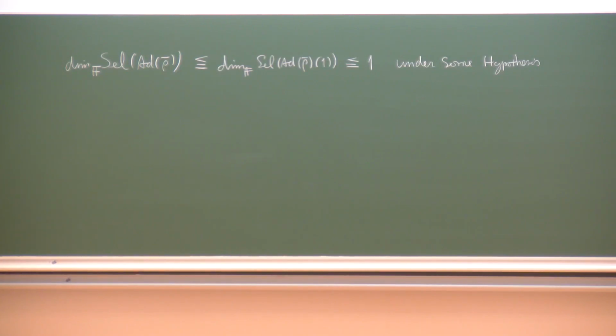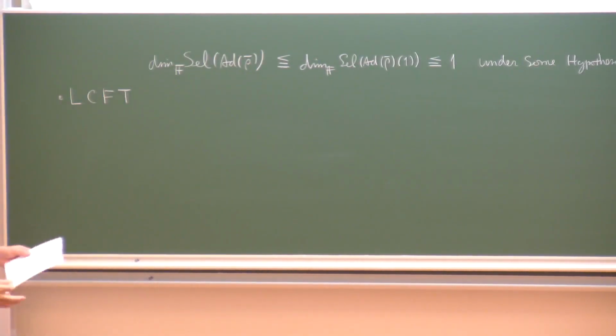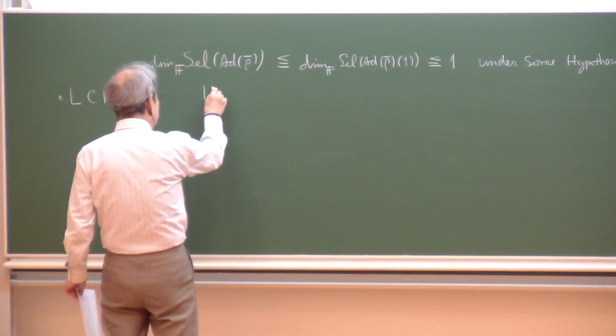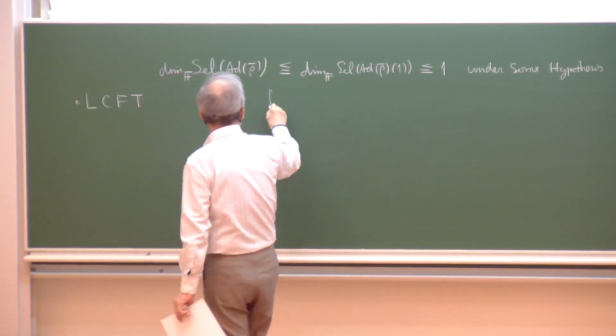So I need a lot of things from local class field theory. So the local class field theory, I just summarize it. Of course, most number theorists know it, but I just use it, so I will explain it. So K is a finite extension of Q_l, the l-adic field.